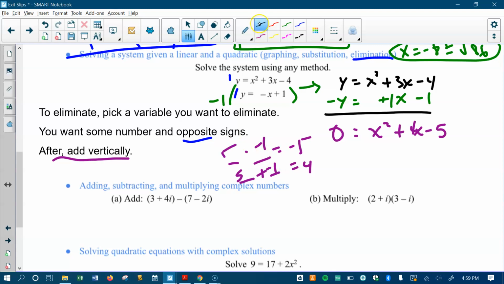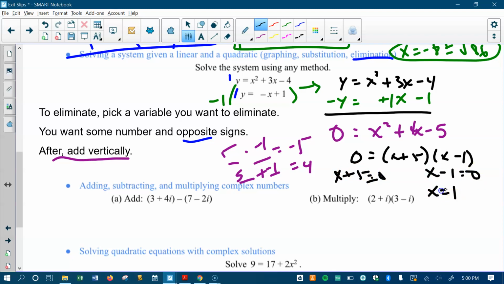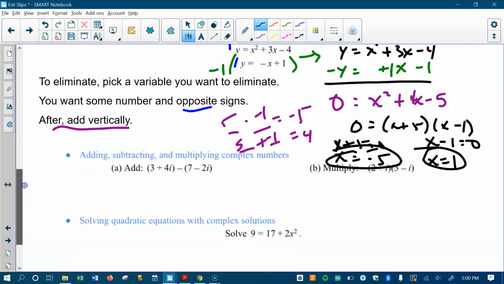Yeah. So that means I'm going to get 0 equals x plus 5 and x minus 1. And if I set both of those equal to 0, maybe I'll get my answers out. I get x equals 1, or I get x equals negative 5. And that's it for these.